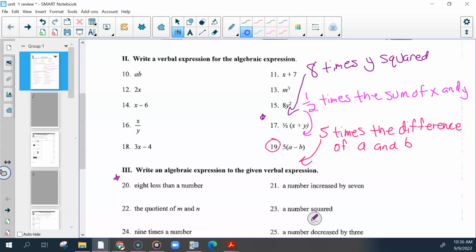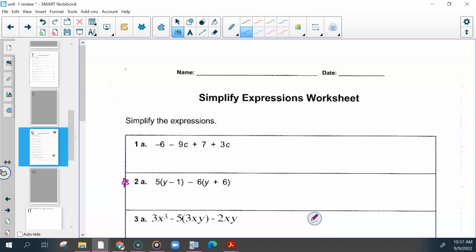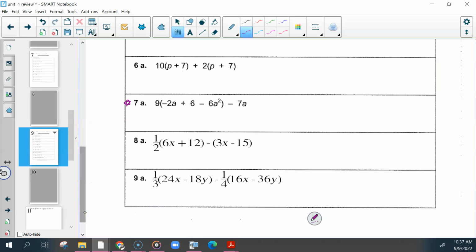Did you have a question? Number 9 on simplified expressions. The second page. Actually, third page. Yeah, so this one.